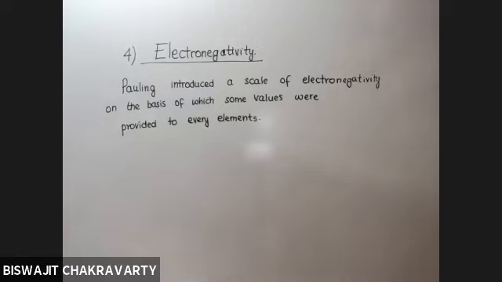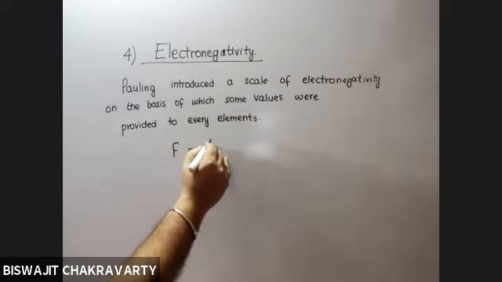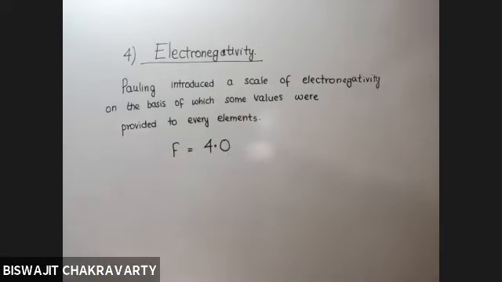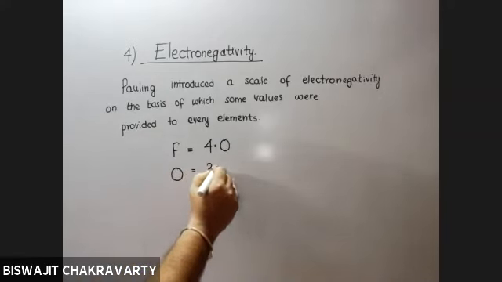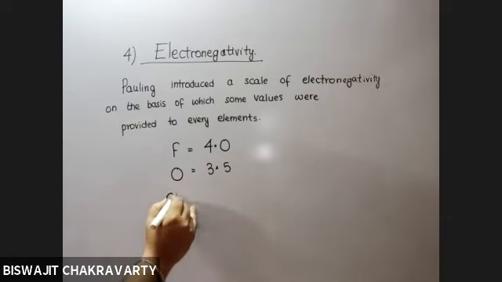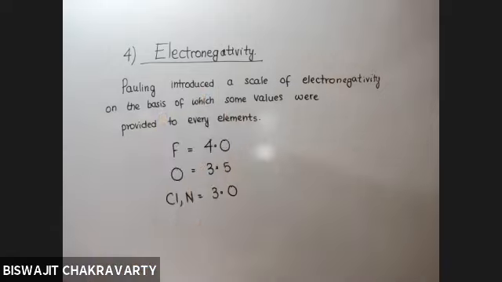And according to the Pauling scale of electronegativity, the one which tops the list is fluorine with the value of 4.0. That means fluorine is the most electronegative atom with highest value of 4, followed by oxygen 3.5, followed by chlorine and nitrogen 3.0, and thereafter all elements have been assigned different values.